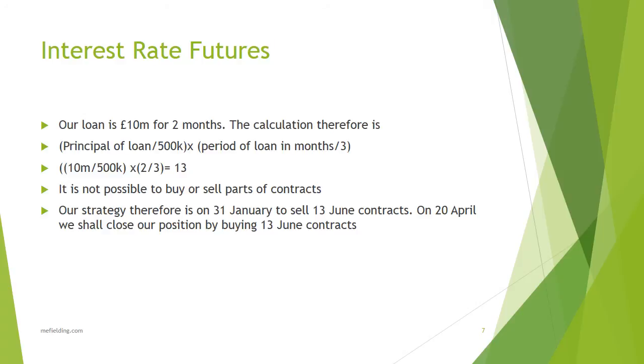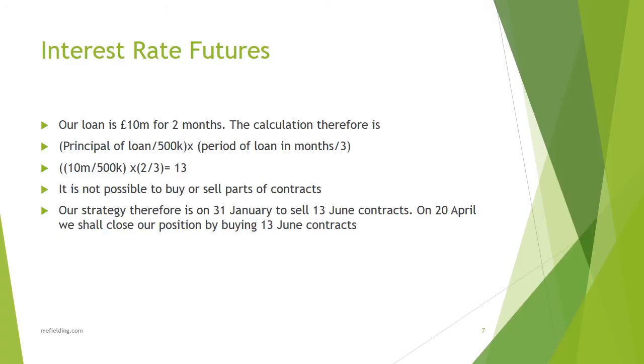If it had been 13 2/3, you would have rounded it up to 14, so that you would have been over hedged by 1/3 of a contract. As it is here, you are under hedged by 1/3 of a contract. So the principal of the loans in your futures does not match the principal of the loan that you're actually borrowing. That will calculate for you your number.